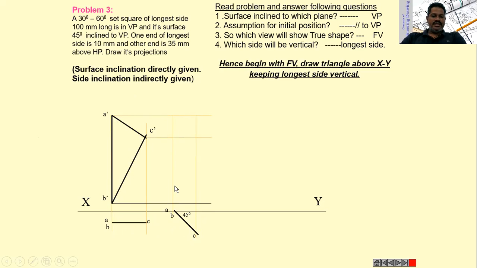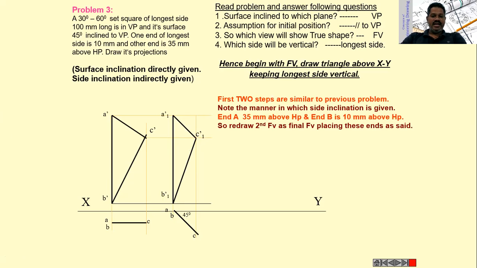Then B dash, B, we will get one point here. C dash and C, we will get one more point here, and join those points to get the top view of the set square when it is making 45 degrees with the vertical plane. As you can see here, I am naming these points as A1 dash, B1 dash, and C1 dash. Up to here, the previous problem and this problem are the same.